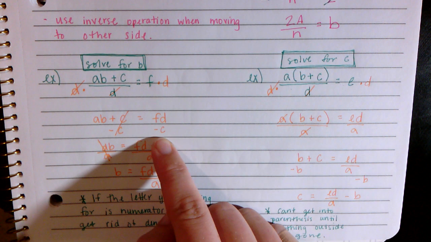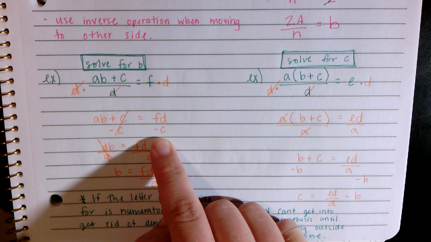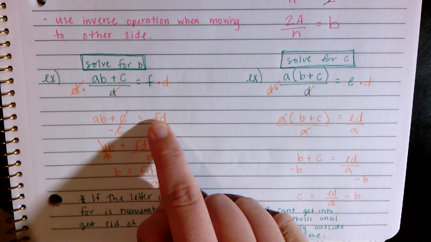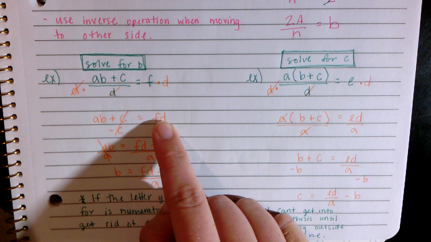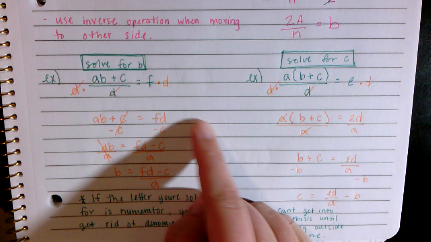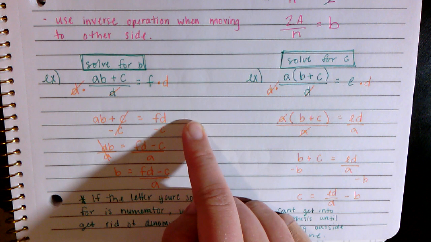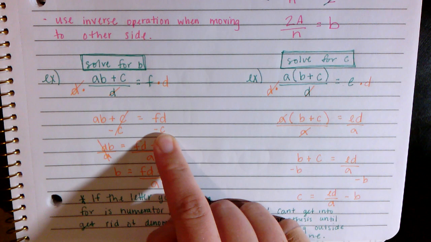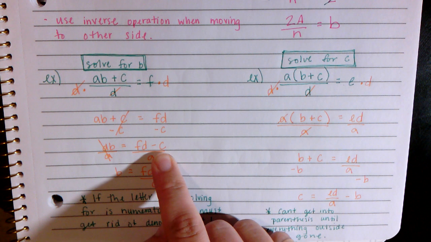They're all different letters. If it was F times D plus C minus C, I could combine the plus C minus C, but there's no other C here, right? This is the only one, so I can't combine them, so I'm just going to rewrite them side by side.